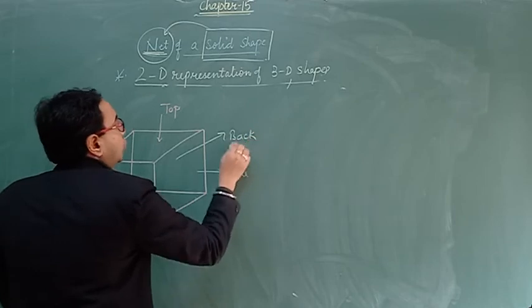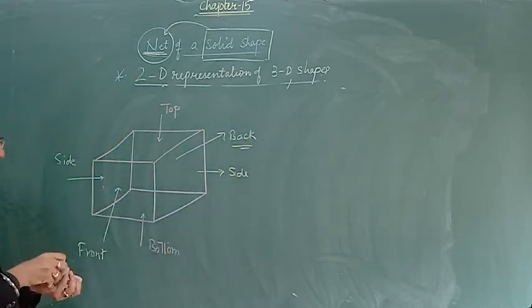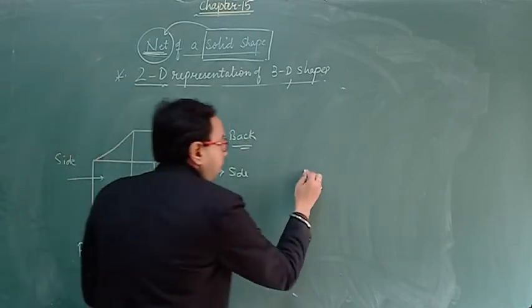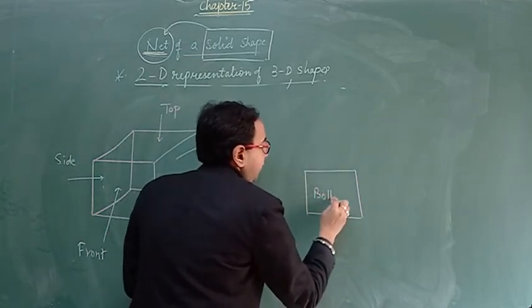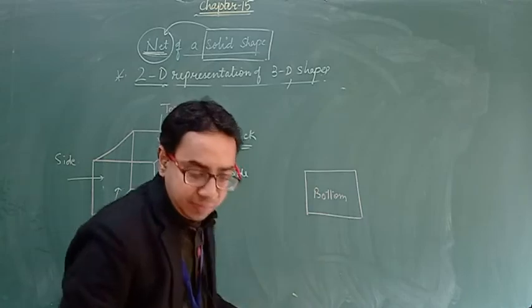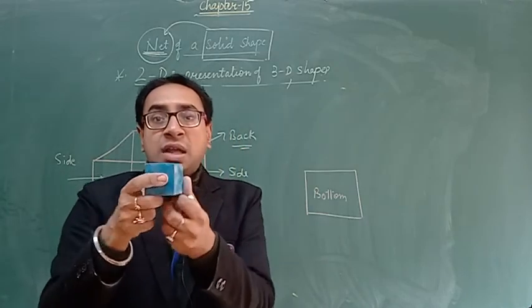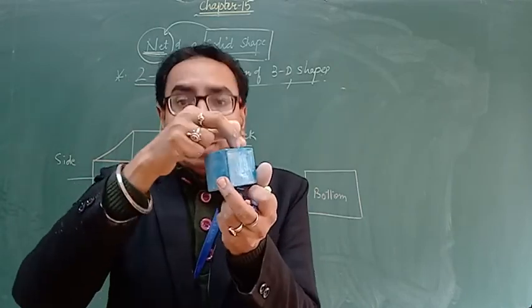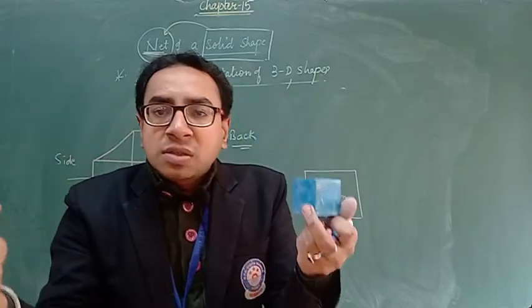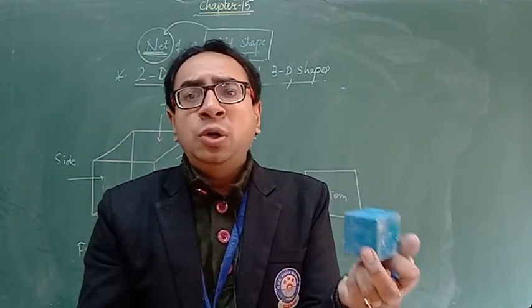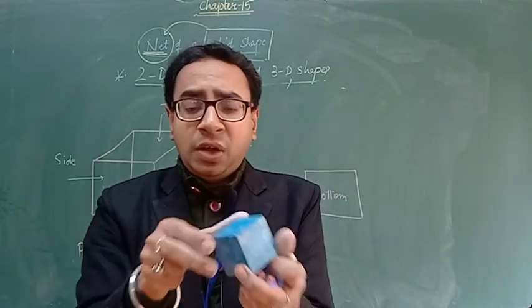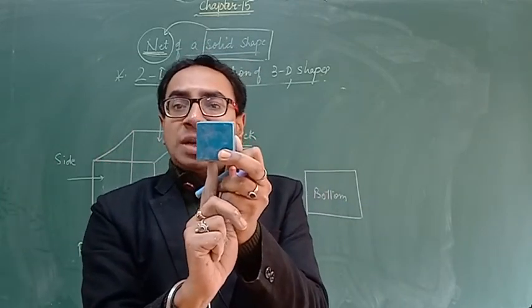Now if I have to open this, I'll keep the bottom as it is. First of all, I have to remove the top. Opening this is known as netting. If I open this 3D shape, it will convert into 2D because it is in a plane figure. Now, bottom as it is, I'll open.